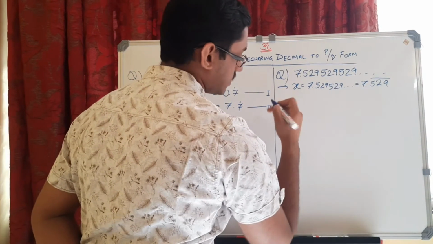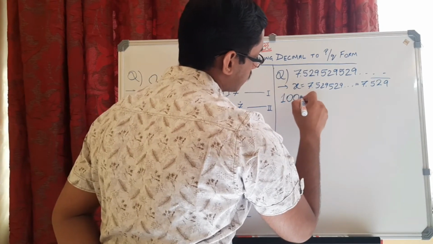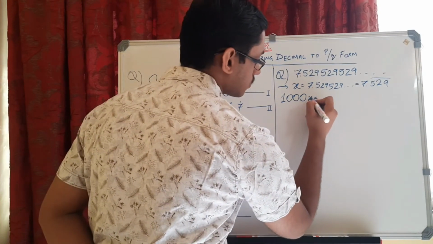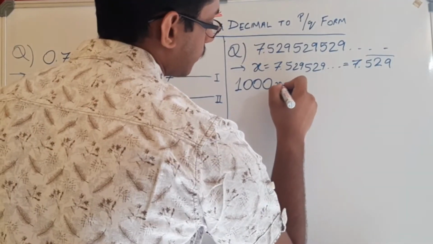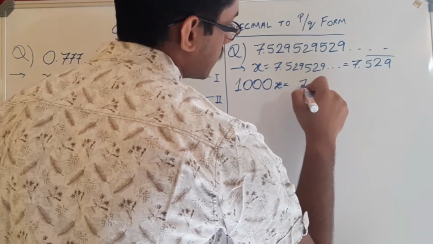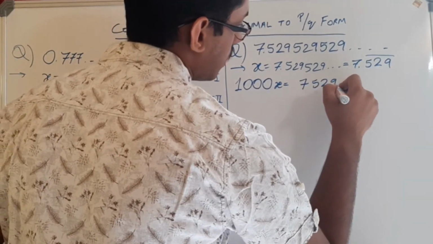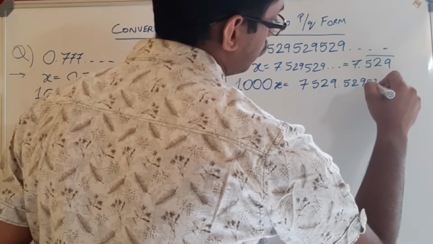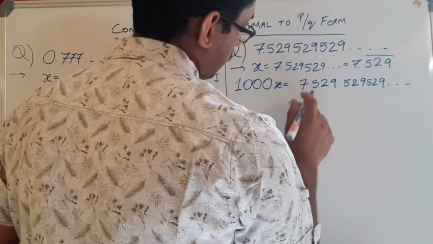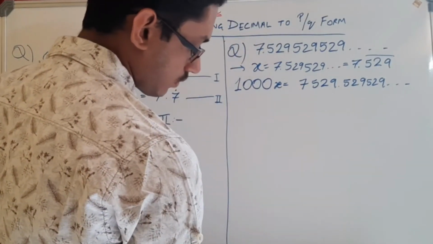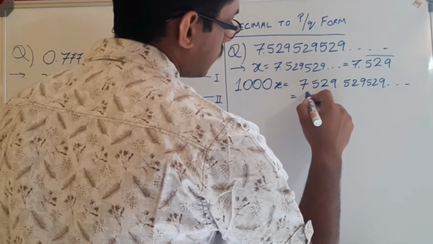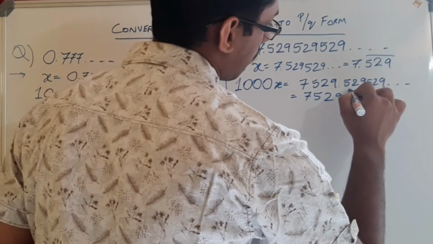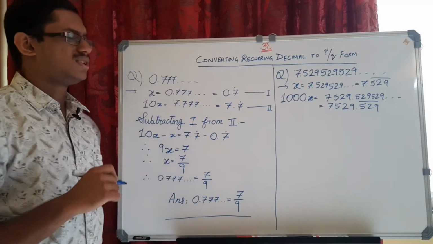Here 3 digits are there, so we will multiply it by 1000. 1000x is equal to 7529.529 529 continued, equal to 7529.529 bar. We generally call it bar.